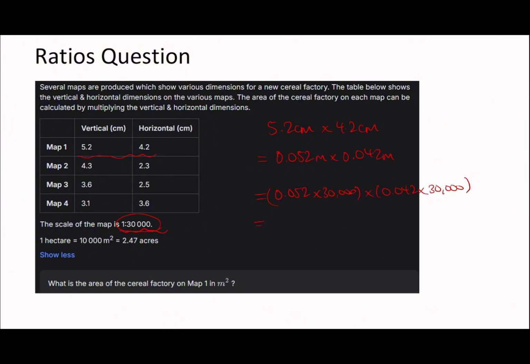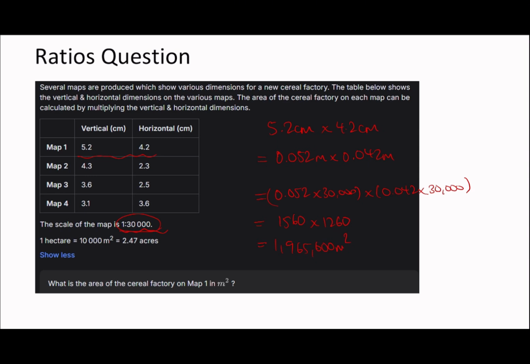So 0.052 times 30,000 is 1560, and then 0.042 times 30,000 is 1260. And then to finish it off, it becomes 1,965,600 meters squared, which I guess is quite accurate for a cereal factory.